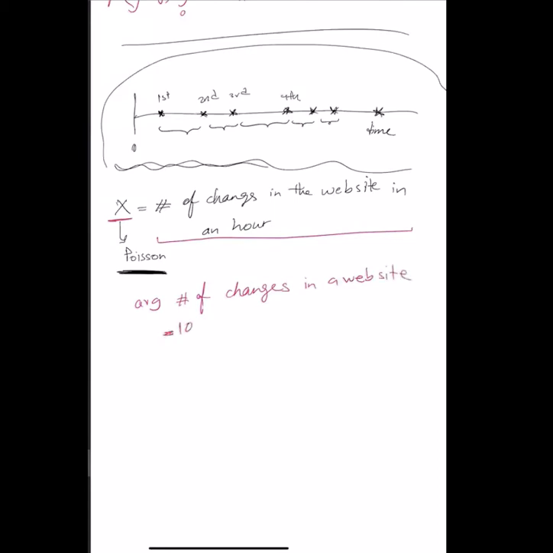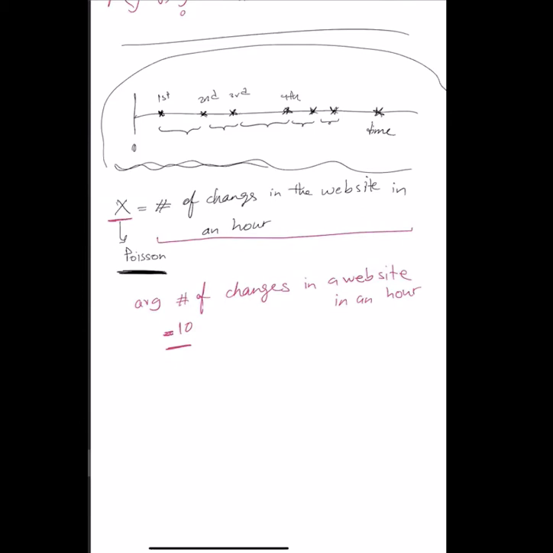That means on average, in an hour, there are 10 changes in the website, but it's an average. So next hour, this may be 2 changes. Next hour, this may be 10 changes. Next hour, it may be 20 changes. On average, it's 10, but I don't know exactly what the number of changes is going to be in the next hour. I know the average is 10, it should be around 10, but I don't know exactly what that value is going to be.